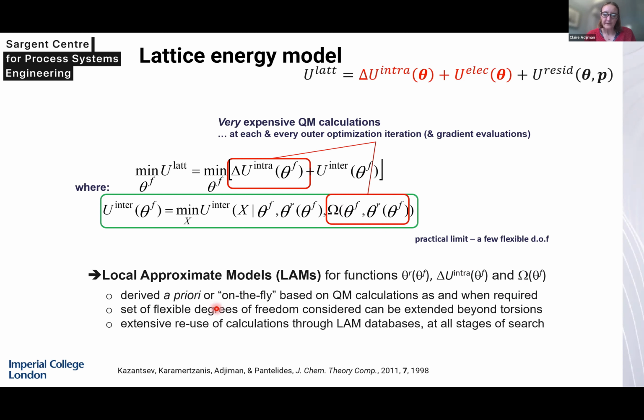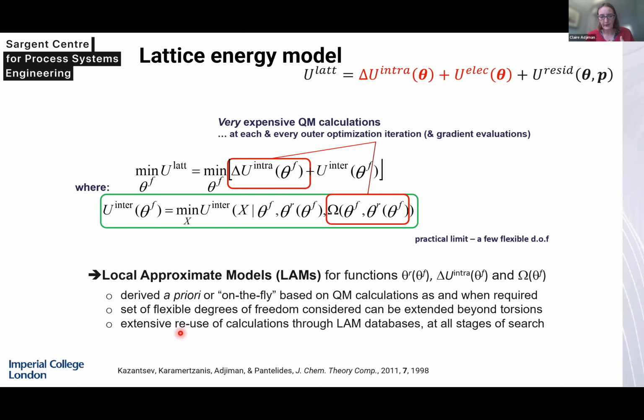So we can derive these models, and I will show you their form in a minute, either a priori, so we can build up a database of these models, for example, on a uniform grid, or we can do them on the fly. So as we sample a part of space that we hadn't sampled before, we can generate a new QM calculation as and when required. We can choose what we include in this set of degrees of freedom.